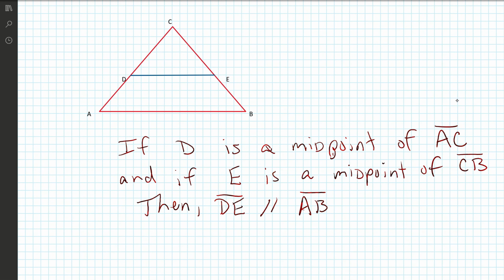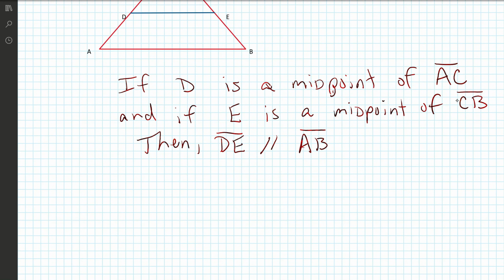So if D is the midpoint of AC and E is the midpoint of CB, then that tells us that line segment DE is also parallel to line segment AB on that triangle. It tells us a bit more information as well.